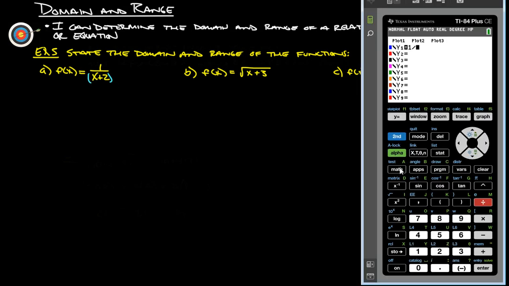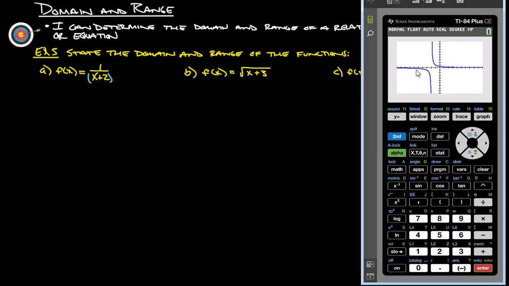So 1 divided by parentheses, x is this right here, so here's x theta n, that's our variable. So x plus 2. Close our parentheses, and then usually you don't have to do this the first time, we're going to do zoom standard. Should be pretty good for everything that we need on here. Zoom standard, and then here's our graph.